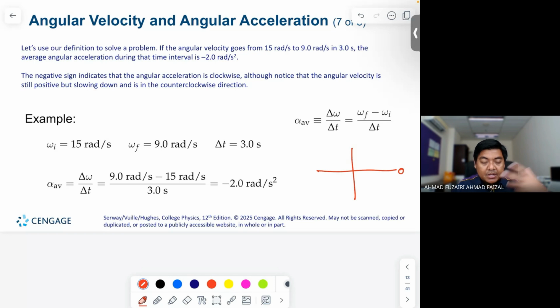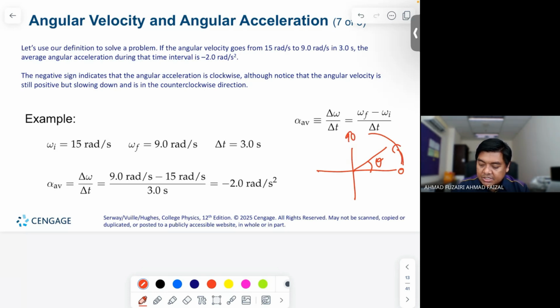If you want to make sure the angle increases, why do we need that? Because we want to have a positive theta. The theta increases, that means it should go towards the positive, towards the 90 degree, because 90 degree is here.